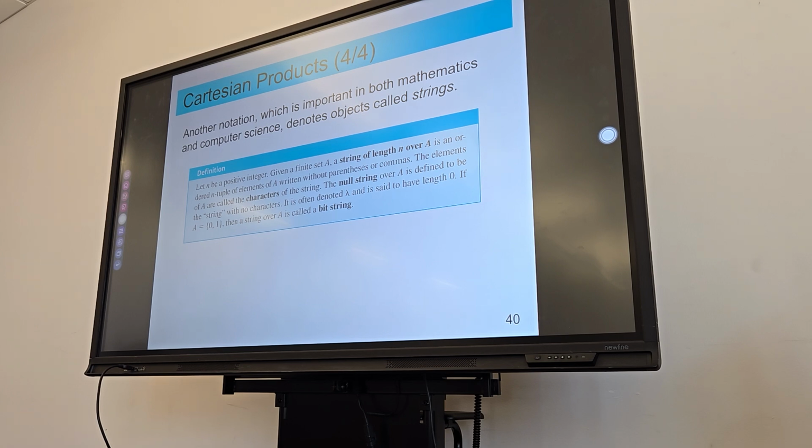If the set A is equal to the set with the elements 0 and 1, then a string over A is called a bit string. So that's what computers deal with, bit strings. Ones and zeros. It's all the computer understands.